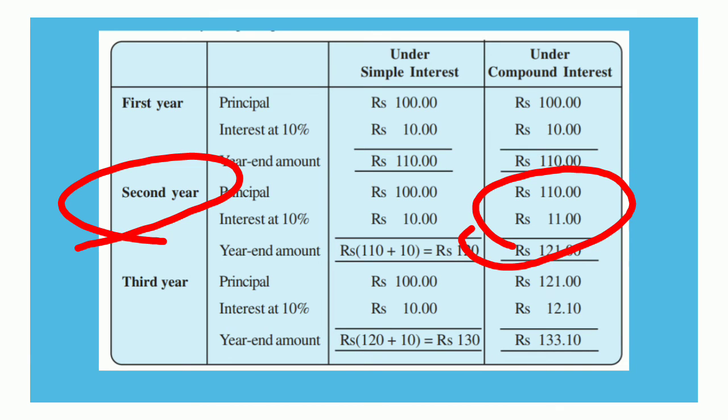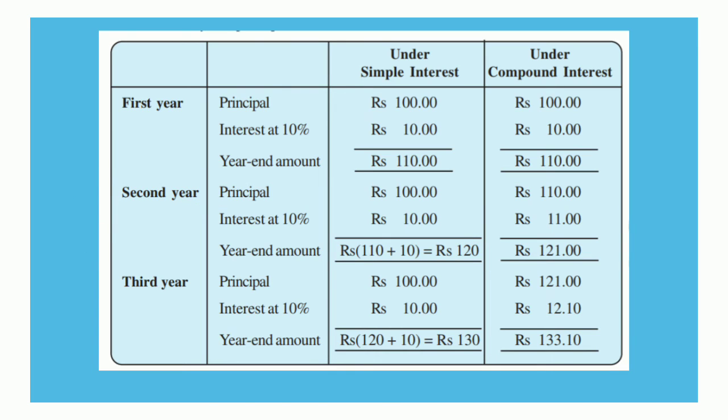Then in the second year the principal changed. The principal was 100, but in the case of compound interest, 110 rupees is the principal. This is the difference from simple interest. Then 110 rupees is the second year amount, and 10 percent of 110 is 11 rupees. That 11 rupees is added to 110, you will get 121 rupees. That is the year-end amount of the second year.